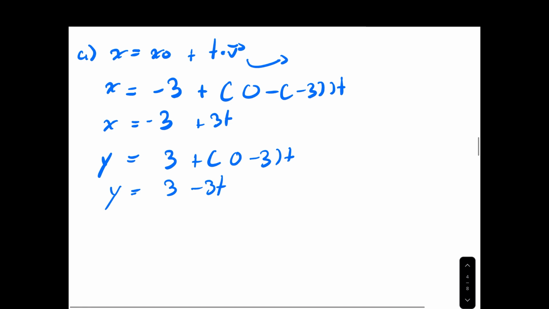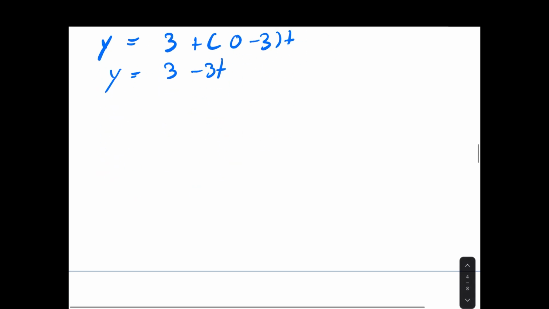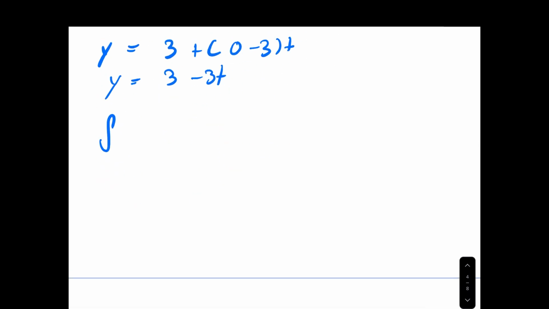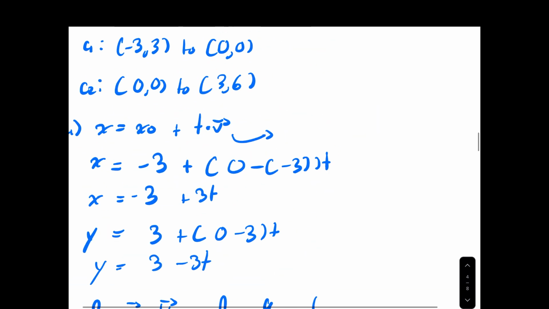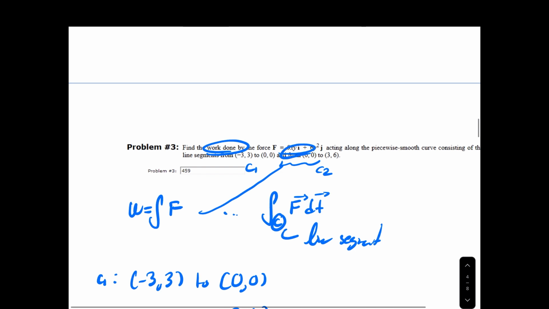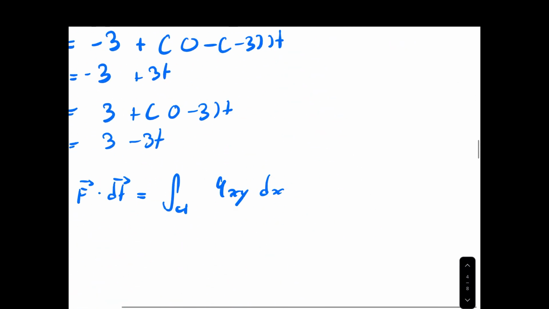So let's start to try and make our first line integral, which would be the integral over C1 of F dt, equals the integral over C1 of 9xy dx, evaluating the first portion with respect to its vector i, along the x-axis, plus 6y squared dy, evaluating this along the y-axis, which is j.